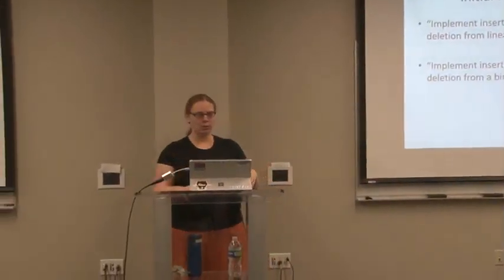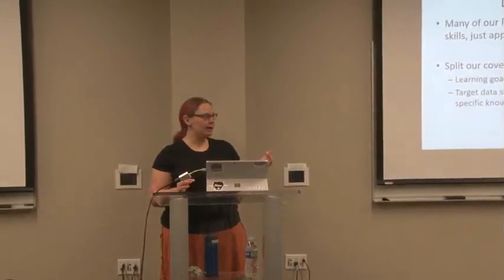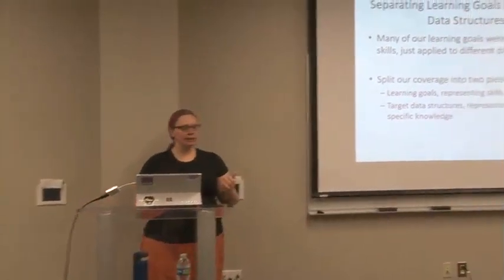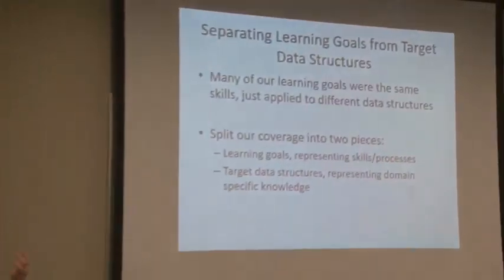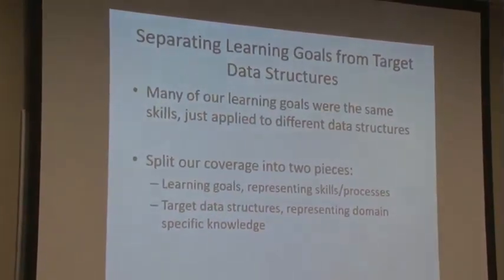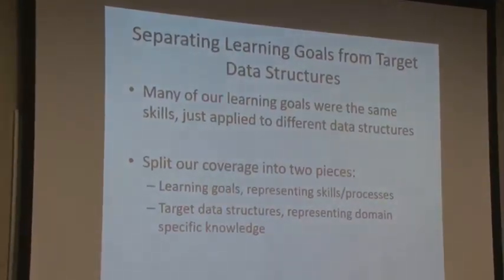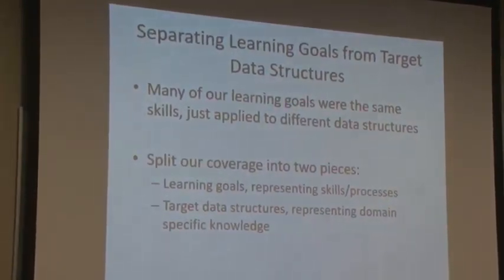And so at this point, we said, okay, what we're going to do here is split what our CI covers into two pieces, right? Because what we're seeing is that many of our learning goals are the same set of skills. Our instructors just want them to be able to be applied to every data structure in this set of data structures.